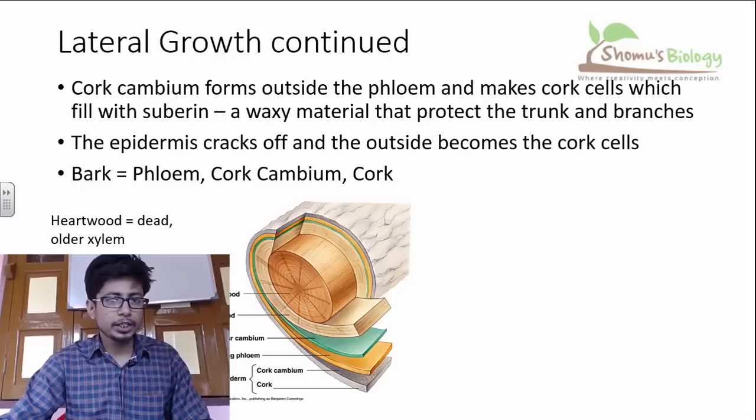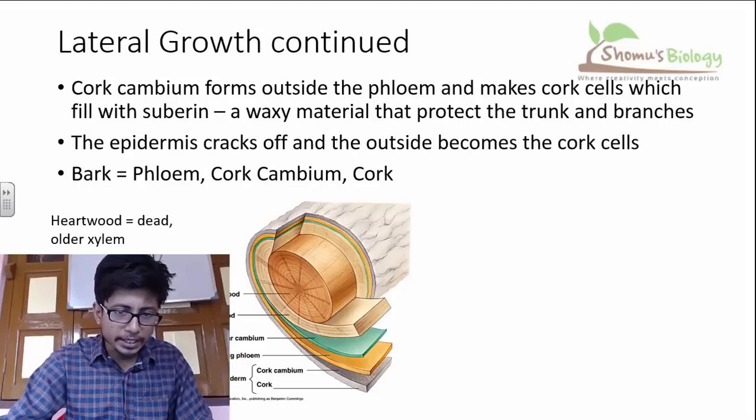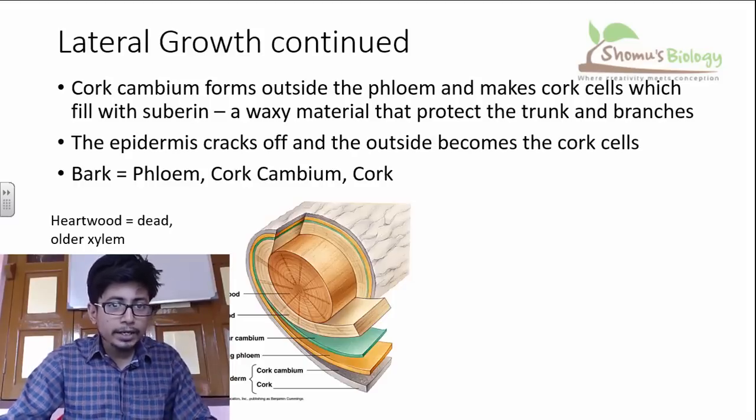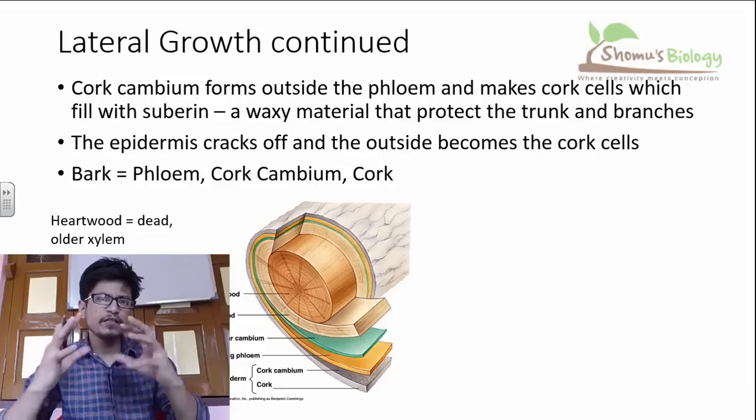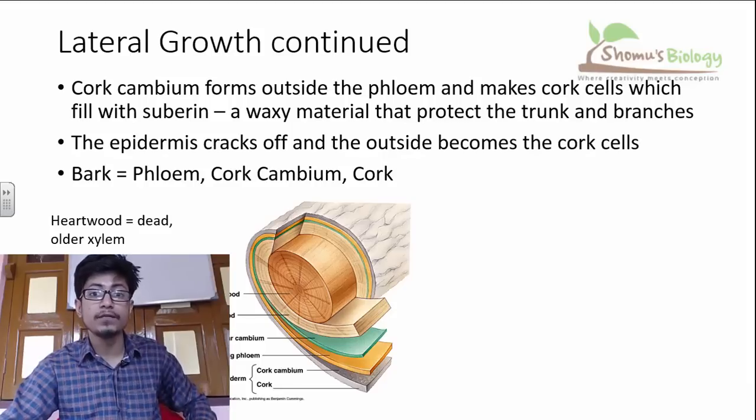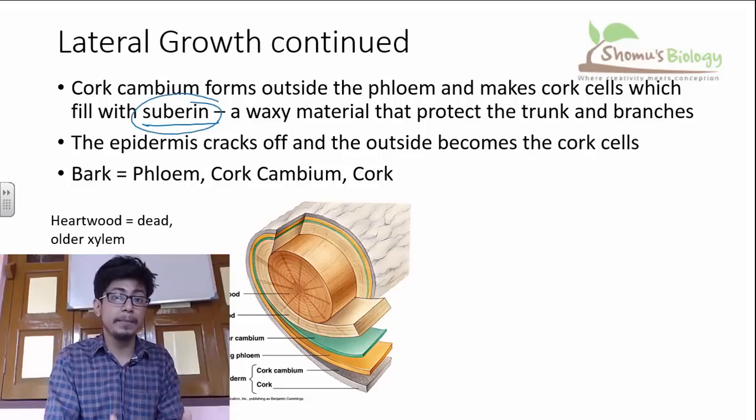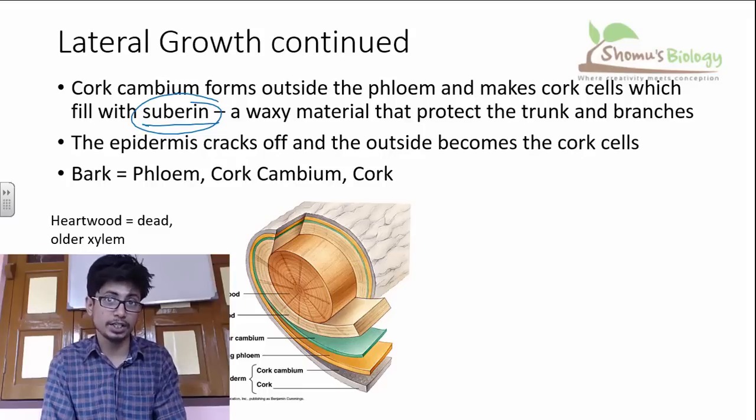Now again, if you look here, the cork cambium, so this is the idea provided. This is the cork cambium. It is a specific, very hard structure that forms outside the phloem and makes cork cells which fill with suberin. Suberin is nothing but a waxy material that protects the trunk and also the branches of the plant.